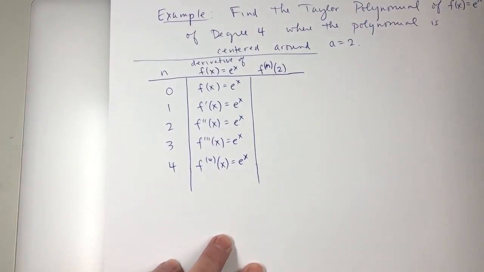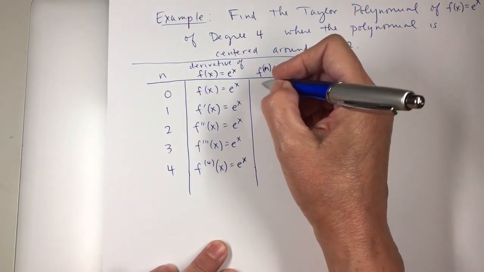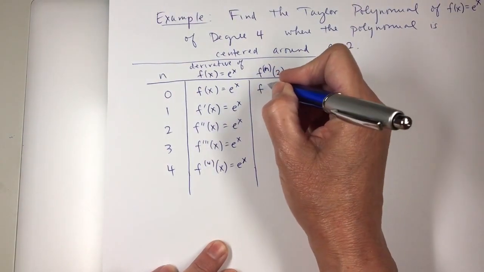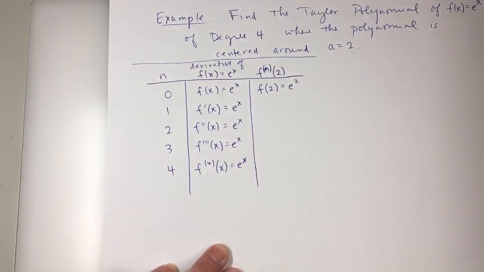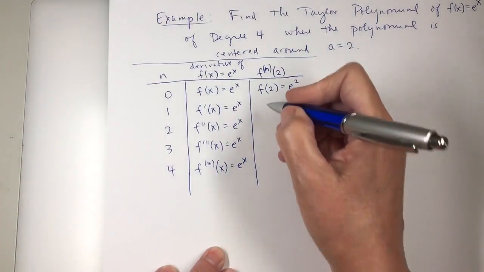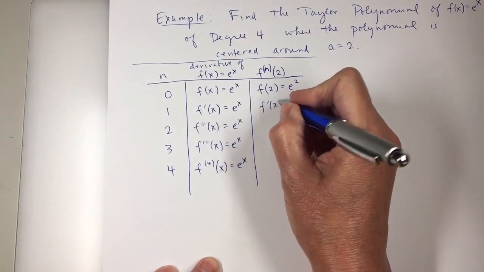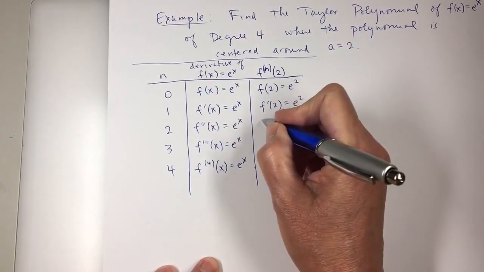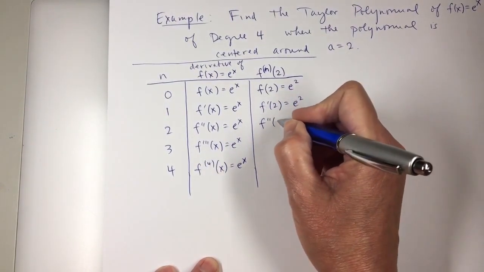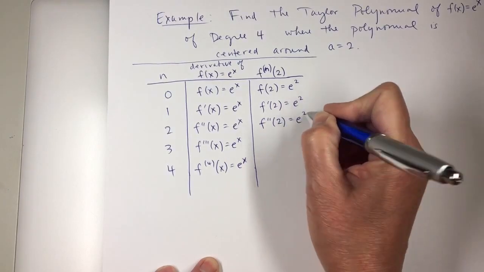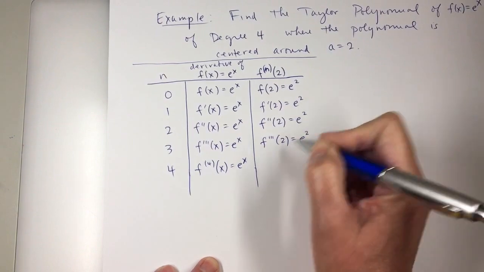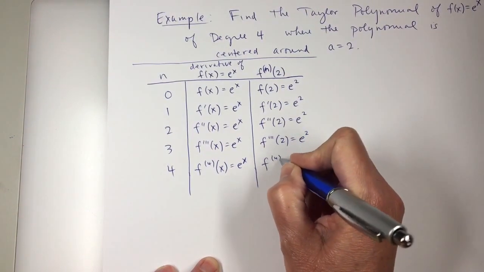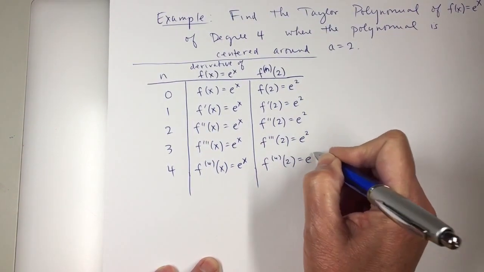So f at 2 is e squared. What's f prime at 2? It's e squared. F double prime at 2 is e squared. F triple prime at 2 is e squared. The fourth derivative at 2 is e squared.